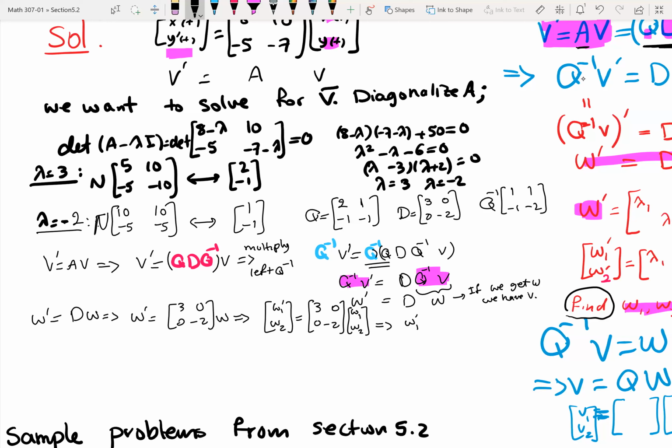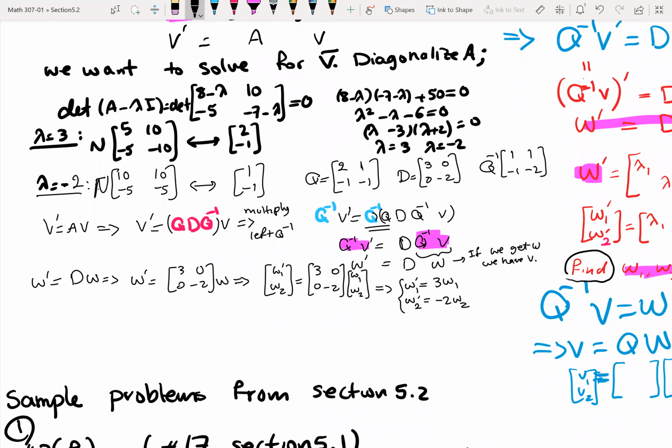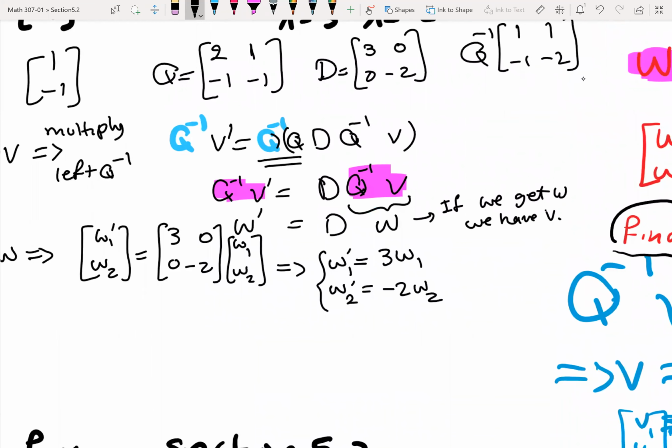W1 prime equals 3 times W1. W2 prime equals minus 2 times W2. Okay.